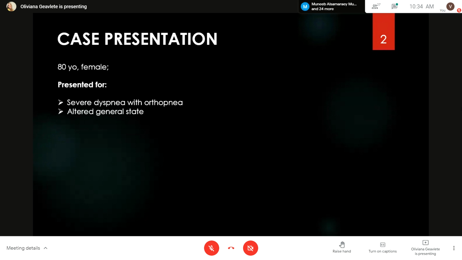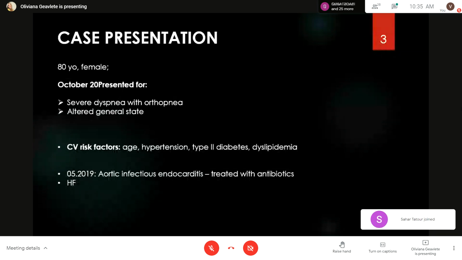And ask about the maximal blood pressure experienced until now, because you can classify the stage of the hypertension. Yes, it is important. So if she smokes, if she has hypertension, if she's dyslipidemic, if she has diabetes, it is important. Okay, let's go further.